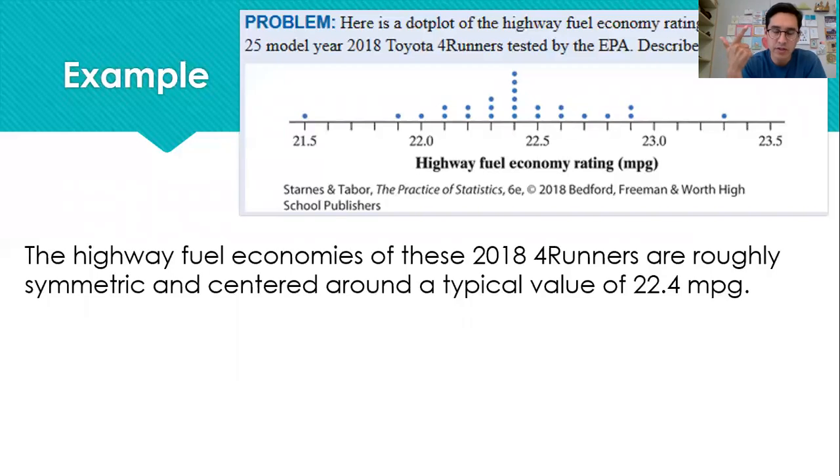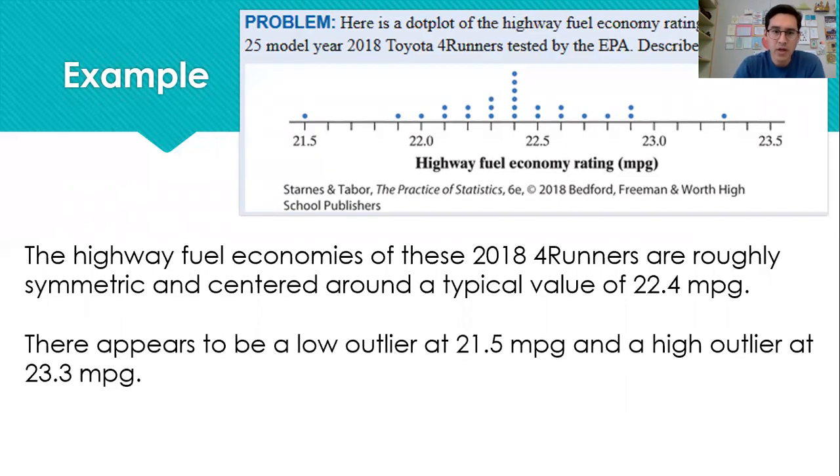So I've addressed shape and I've addressed center. Okay, I've also already included context because I'm talking about the type of car, the variable, and the units. All right, there appears to be a low outlier at 21.5 mpg and a high outlier at 23.3 mpg. Okay, so now I've addressed the 3rd characteristic, unusual features.